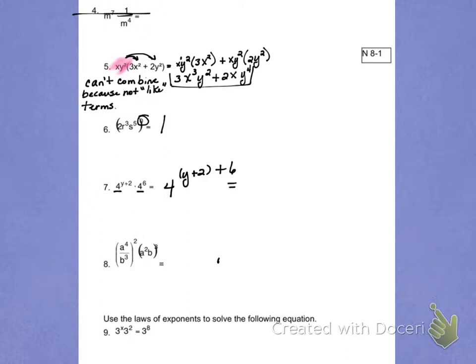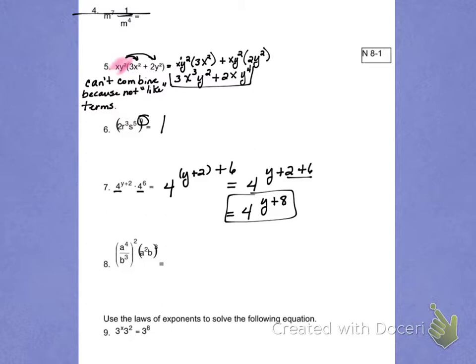Take the parentheses away, and that's 4 to the y plus 2 plus 6. We combine these numbers, so my final answer is 4 to the y plus 8. And that's the final answer for that problem.